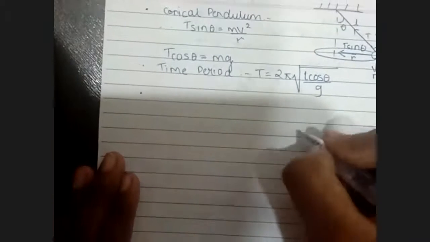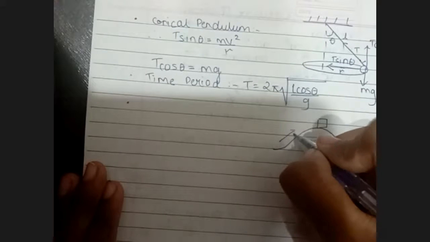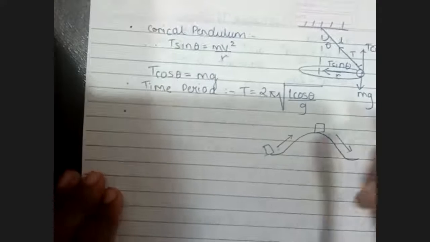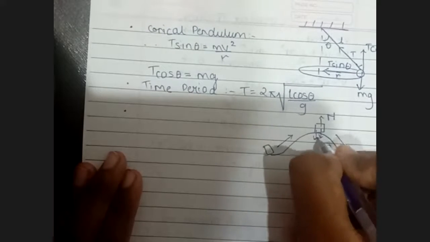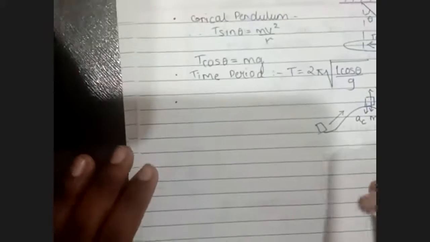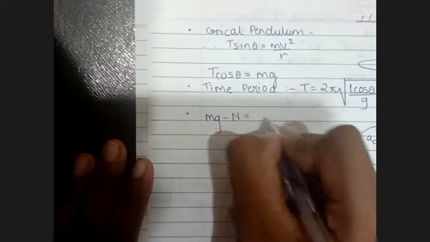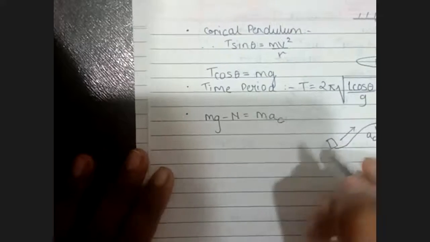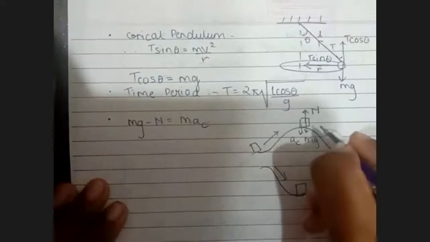Now next is a car traveling up and down. Here it is going down. So in this we can see downward motion.